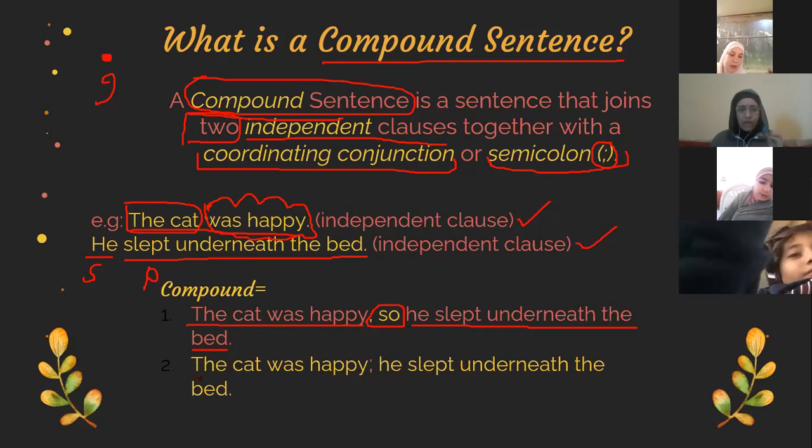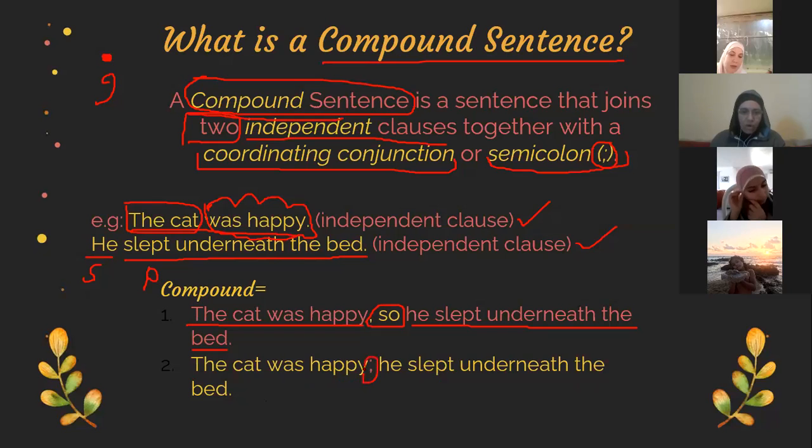The second one, let's take the second one. The cat was happy. He slept underneath the bed. Here I just added a semicolon. When I add a semicolon between two independent clauses, it gives me one compound sentence.